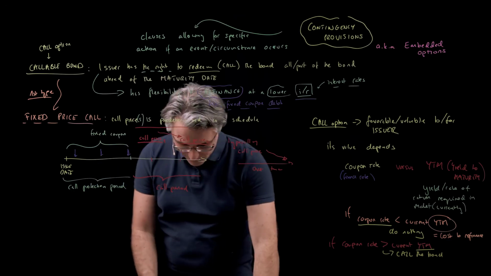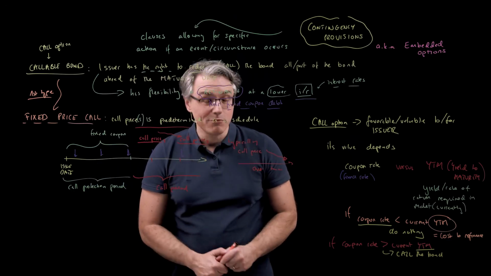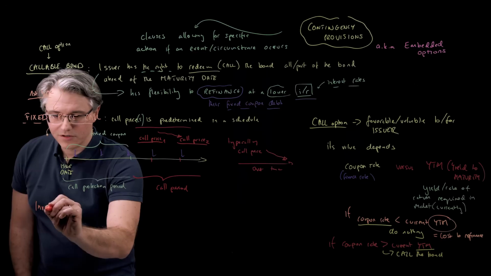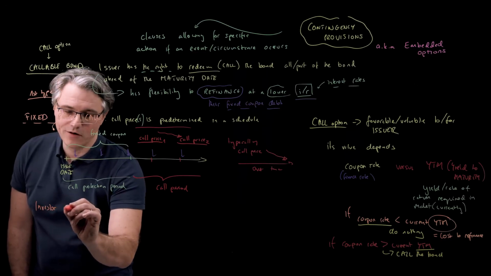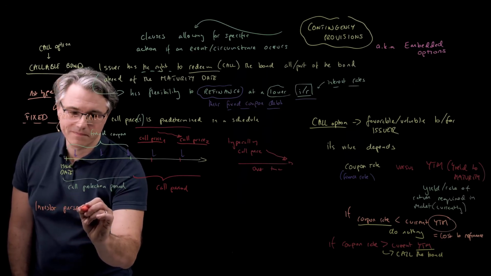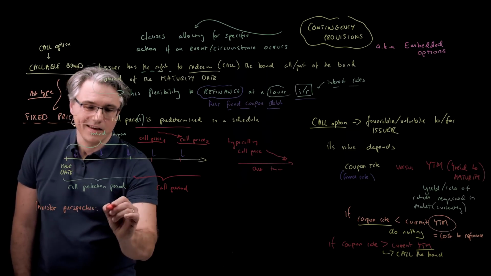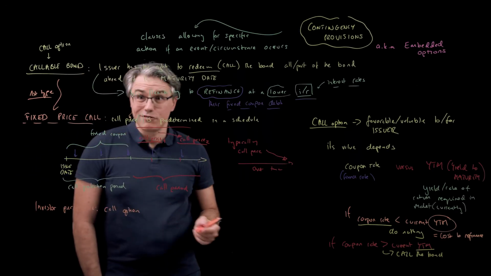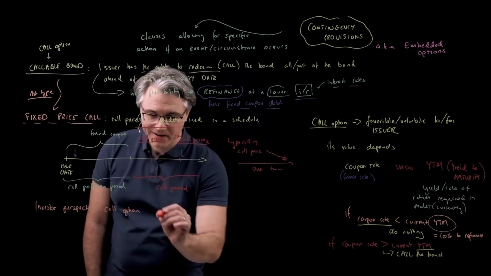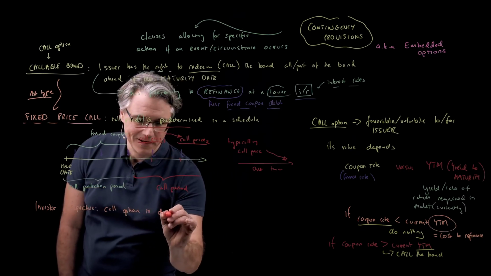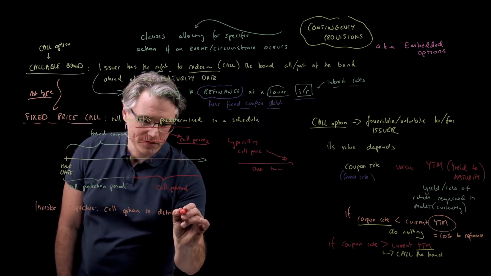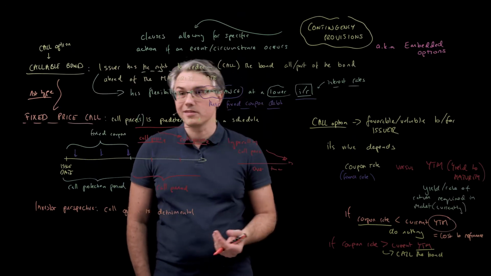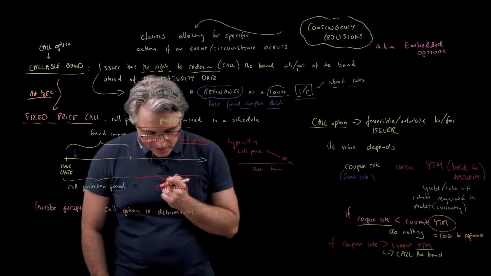Now, if you think about this from an investor perspective, which is obviously going to be the opposite of the issuer perspective, well, a call option is detrimental to them. So always with these options, it's going to be valuable for one side, but detrimental for the other.